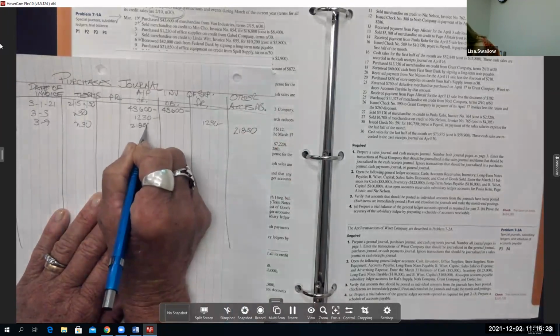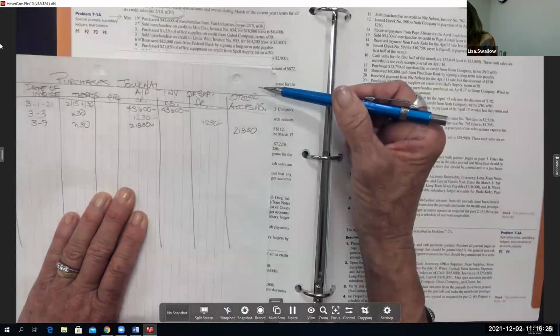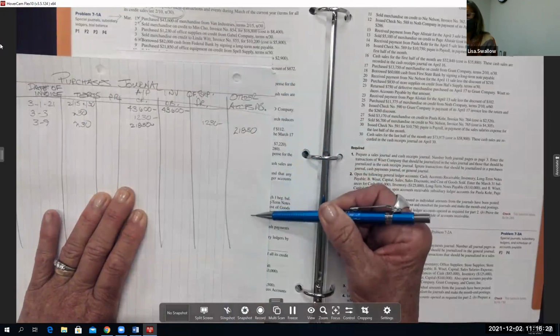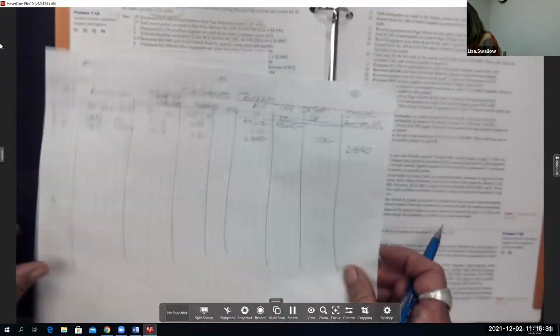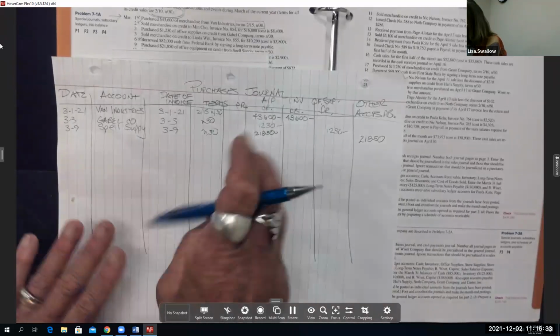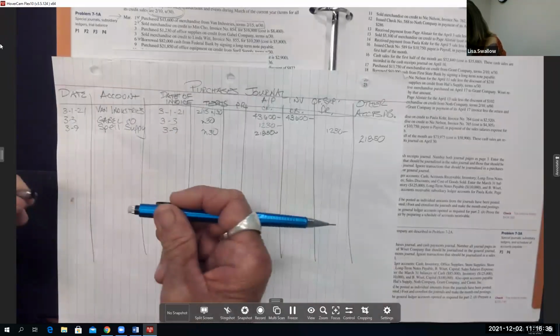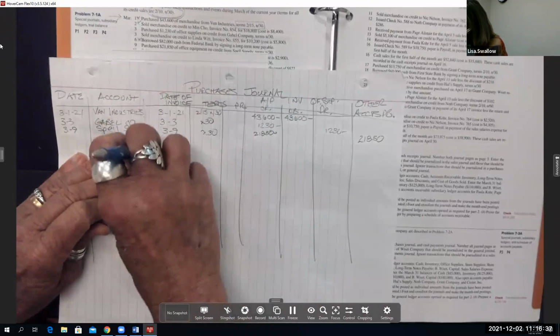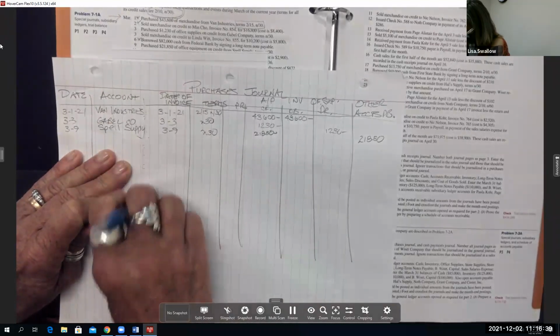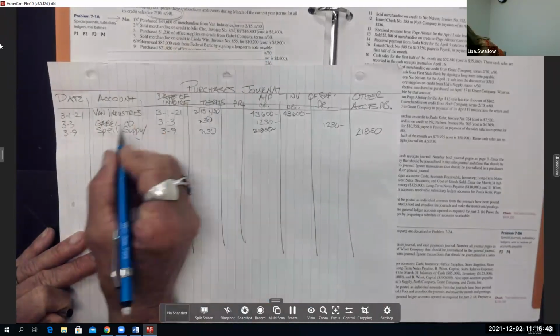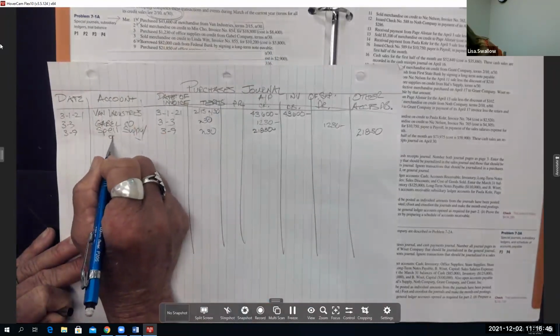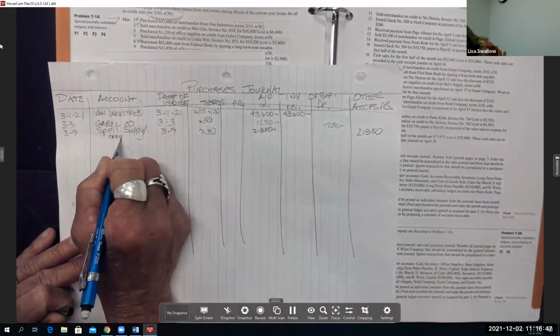And then here's the scoop, you guys. When we post out of this column, we have to go over here and figure out what account specifically it is. So this is one of those great examples where we've got a subsidiary ledger we need to post to, and a general ledger account.